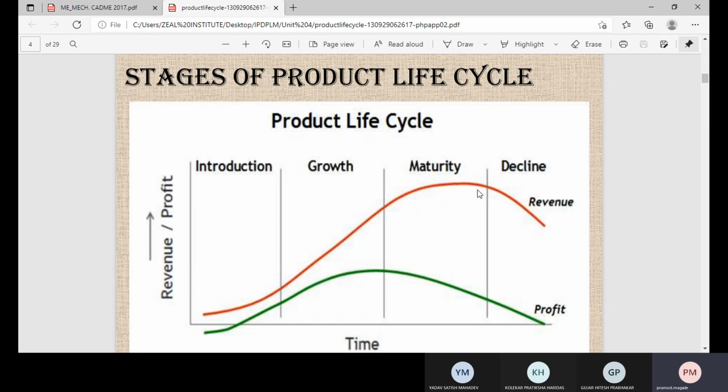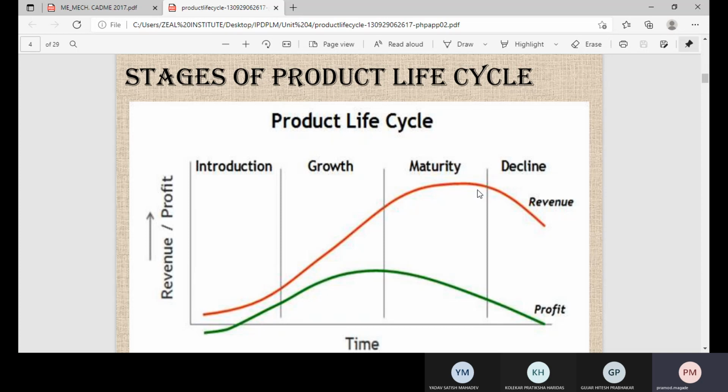And after some time the sales reduce, and because of that the profit declines. So this shows the product life cycle curve, and we have to manage each stage of this product, that we call product life cycle management, which is our unit number 4.